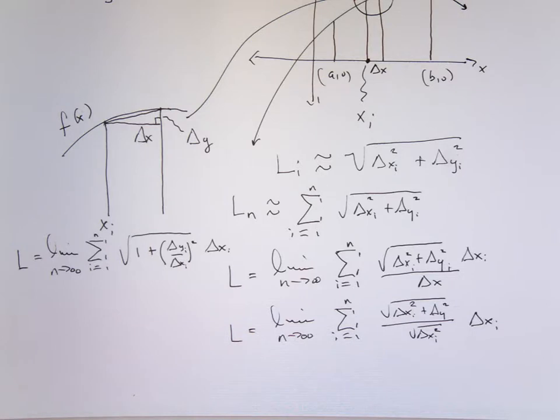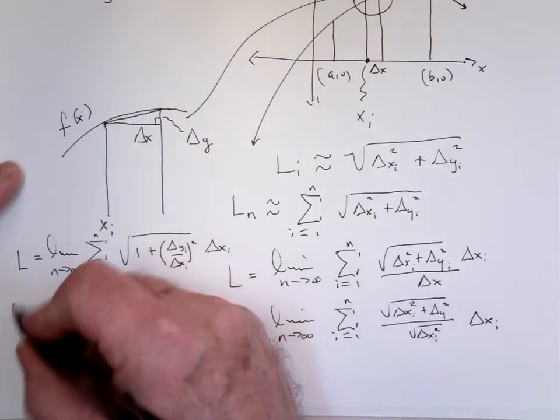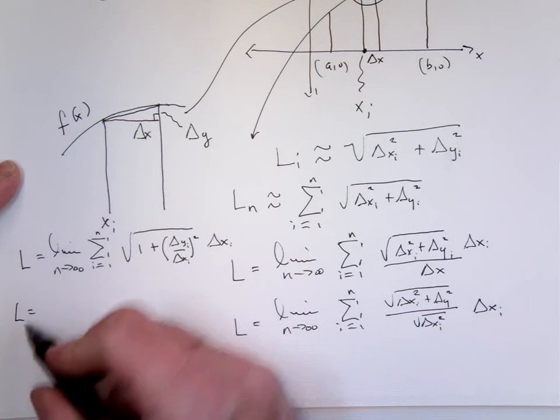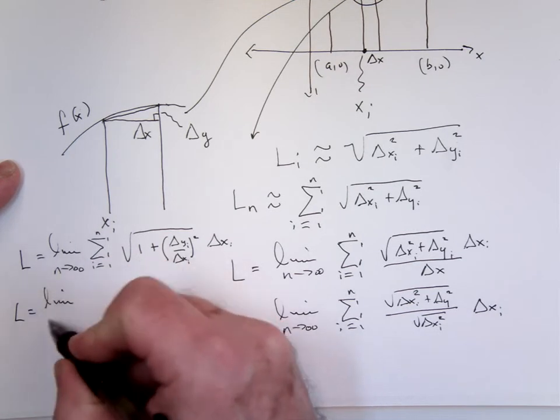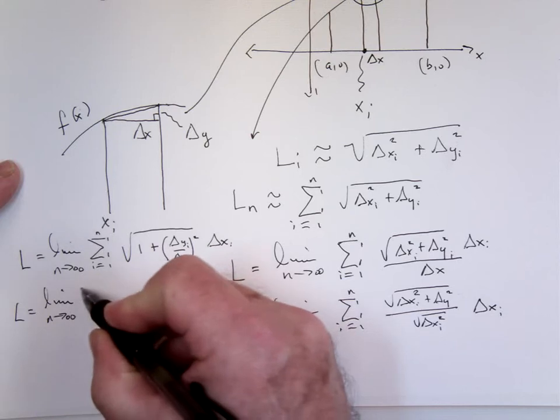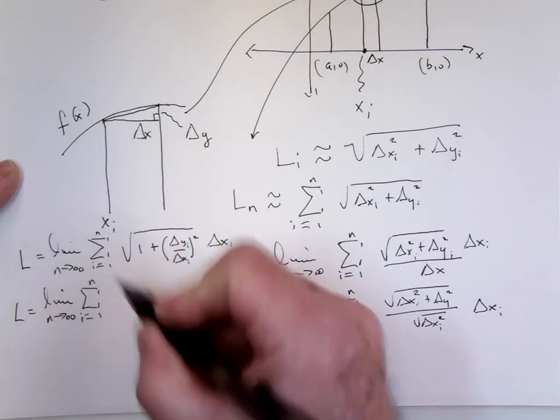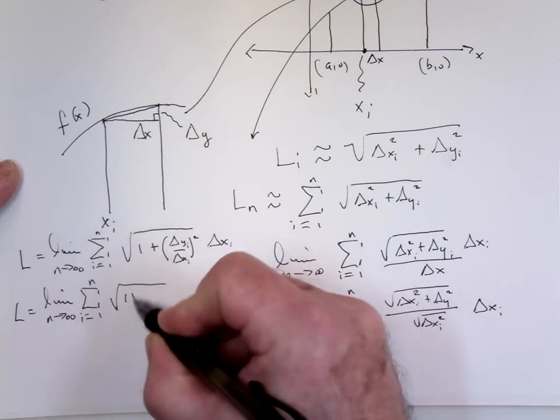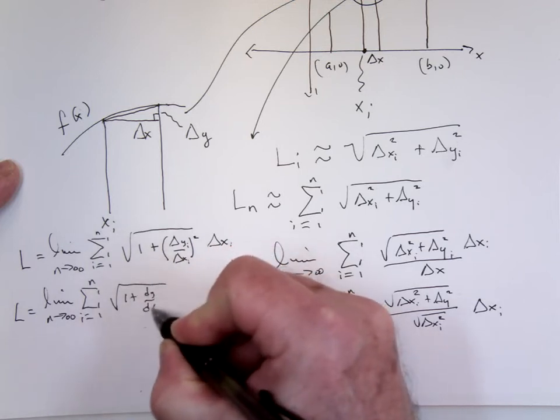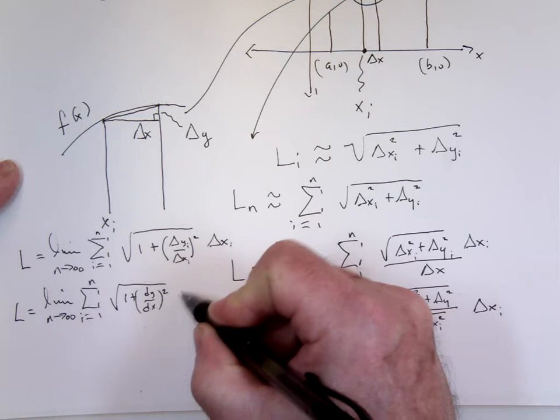That limit. So here's what I have. The length of the curve is the limit as n goes to infinity of the sum of the square root of 1 plus the derivative squared, times delta x.